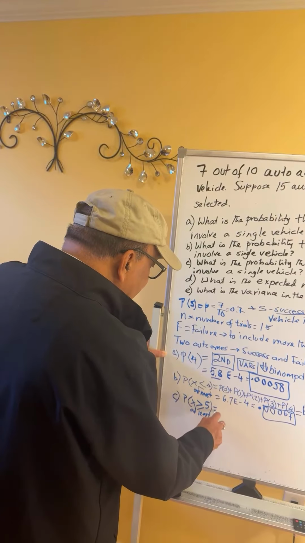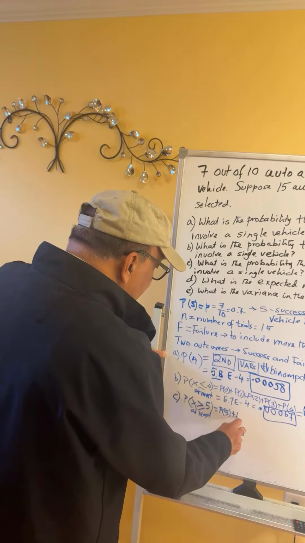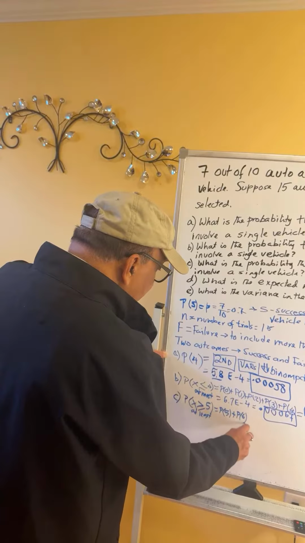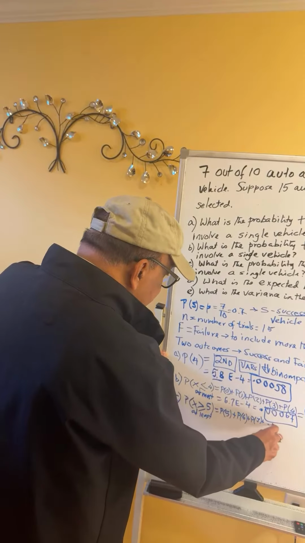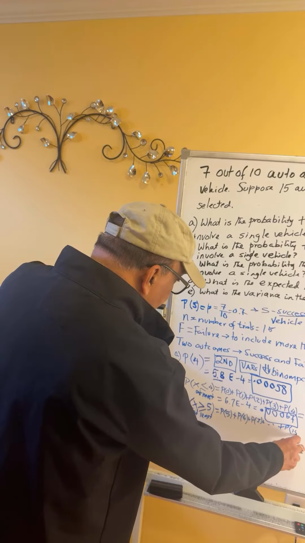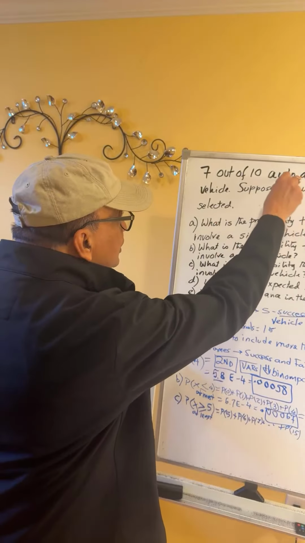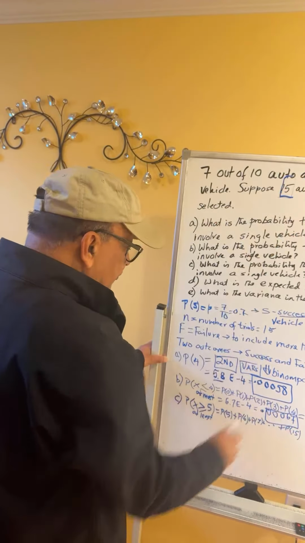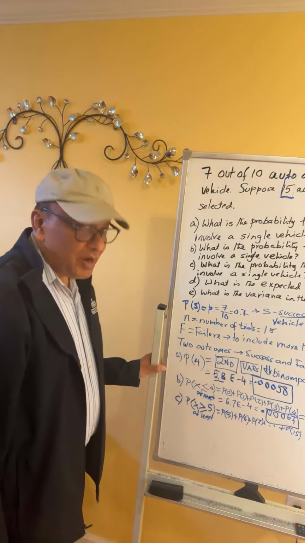So basically we are starting from probability of 5, then add probability of 6, then probability of 7, all the way up to probability of 15. Why do we stop at 15? Our number of trials is 15. That's why we stop at 15. So we have to find all of these probabilities and add them up.